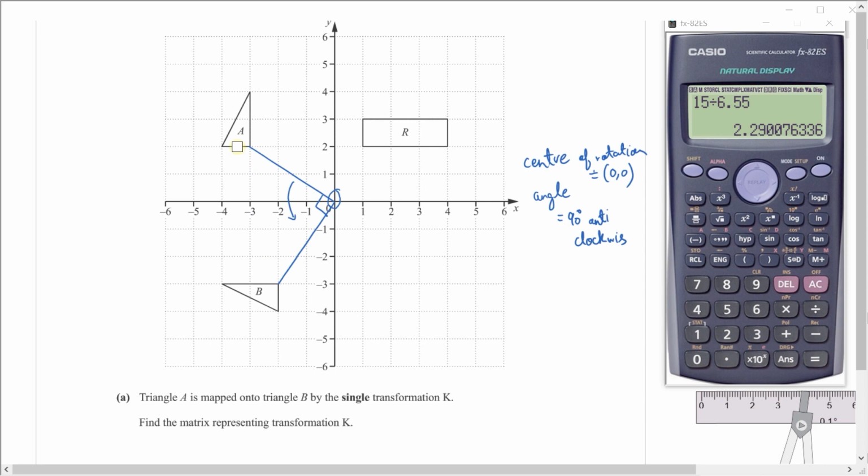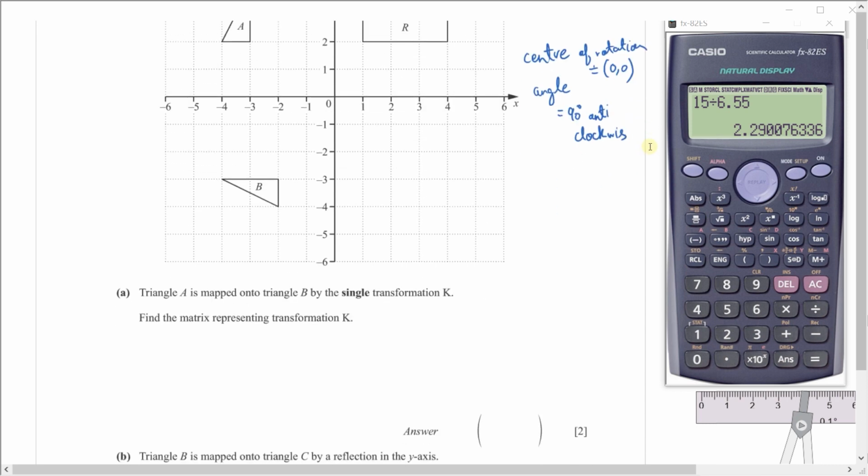So now you basically just need to find the matrix that represents this transformation, this rotation of 90 degrees anti-clockwise about the point 0, 0. So you have learned the trick for how to calculate the matrix for a certain transformation.